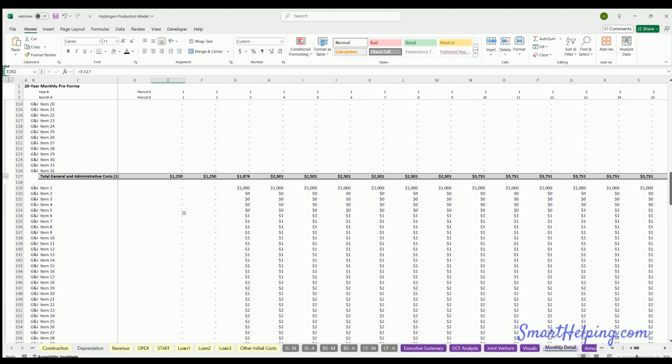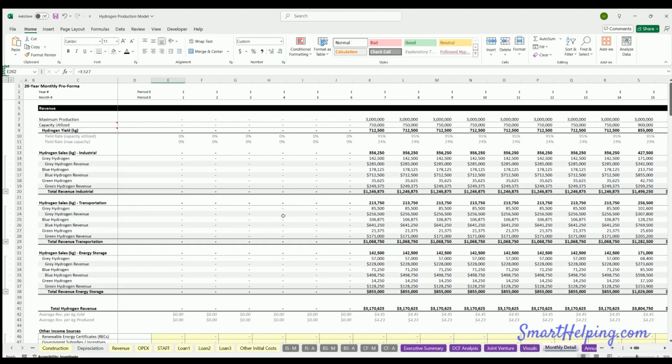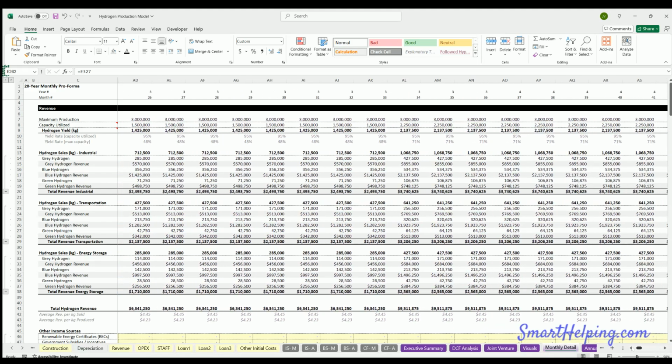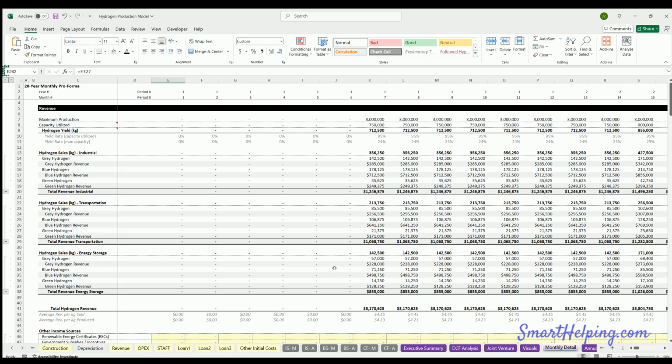Now, our monthly detail, this is where you'll spend a lot of time trying to understand the model. So as you plug in the assumptions, they will fill in here by month all the way through to month 240, depending on how long you're running the forecast. And you can see every detail of how we're getting to, here's our maximum production, here's the amount produced, here's the amount sold.